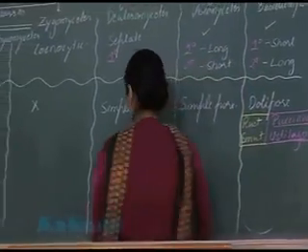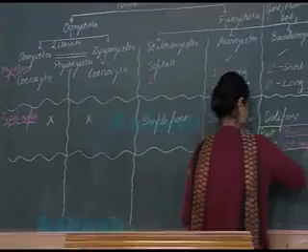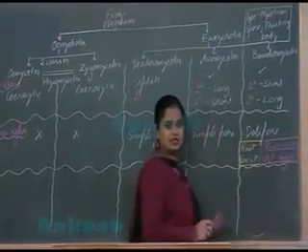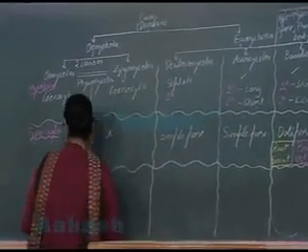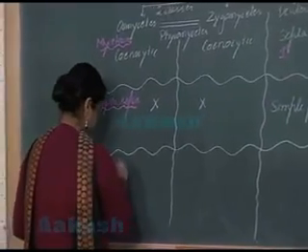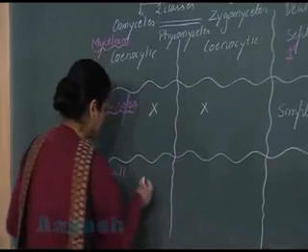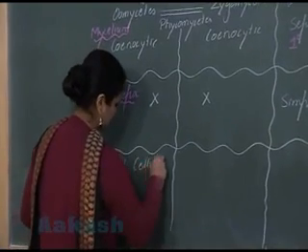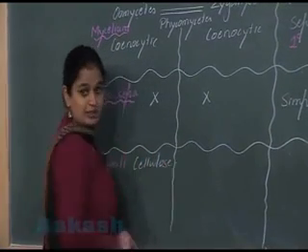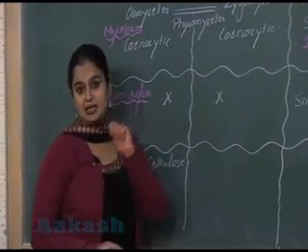Right. Now after type of septa, let's see what is the condition of cell wall. In the first group, Oomycetes, cell wall is made up of cellulose. Cell wall बनी हुई है cellulose की, just like algae.